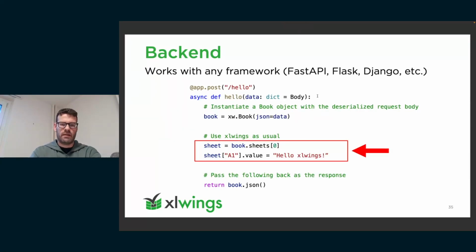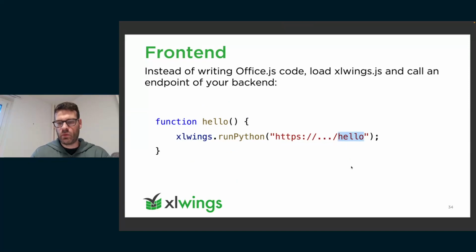And then on the backend, well, we have to write a web app. We have to use some sort of a web framework. Usually people these days use Django or FastAPI, Starlette, anything. I mean, literally whatever your personal preference is. The screenshot here is my personal preference these days, FastAPI. So we just handle a POST request for a certain endpoint, which is the endpoint that we call from the front end.